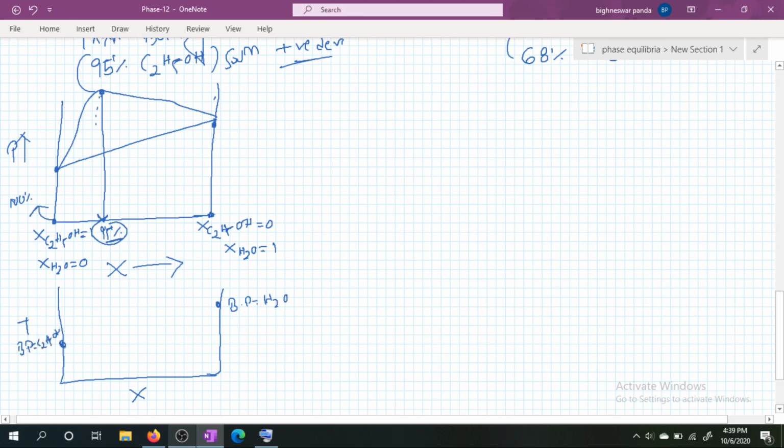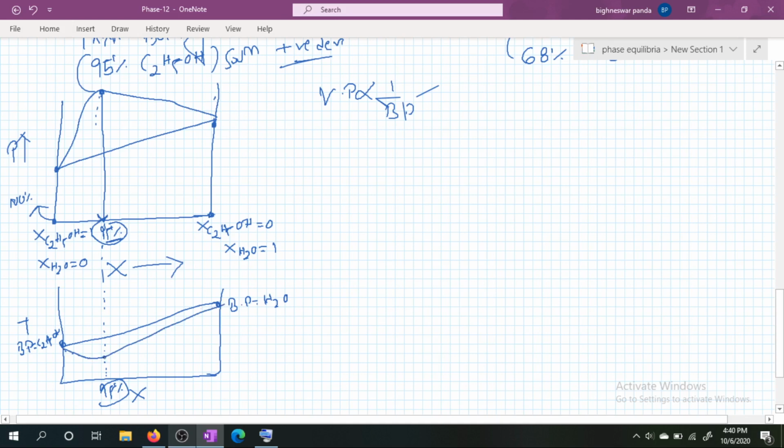At the same composition, 95% alcohol, the vapor pressure is very high, and vapor pressure is inversely proportional to boiling point. So at this composition the boiling point of the liquid will be very low.